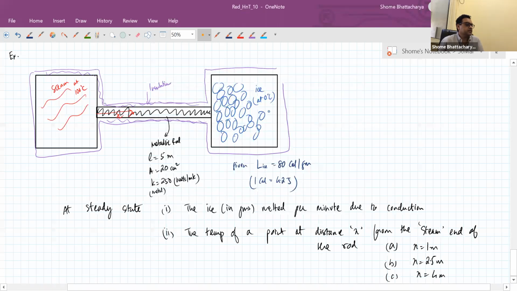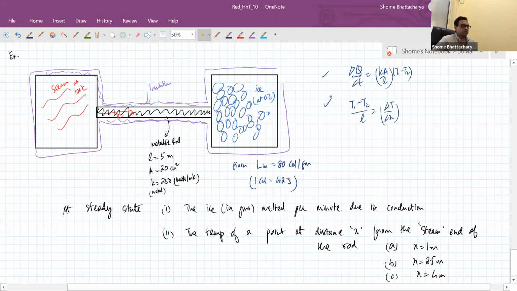At steady state, two important things. The rate of heat conduction, delta Q by delta T, is given by this formula. And again at steady state, the temperature gradient is uniform and given by this formula. This is all you need to use in any such numerical problem, nothing else.